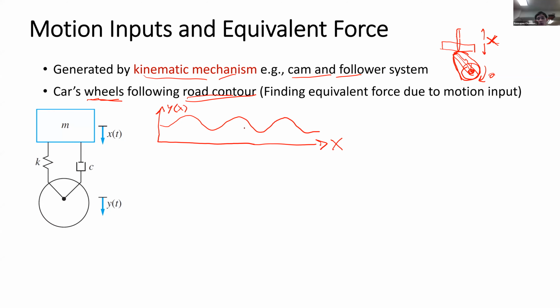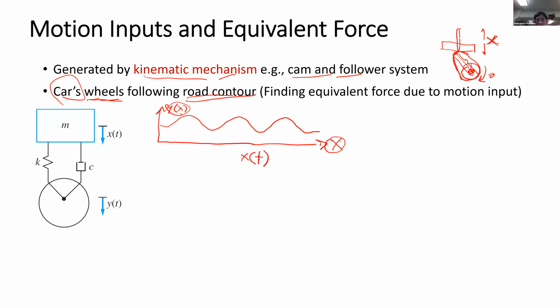This one we call road contour. If the car travels at one constant speed, and we know x as a function of time, then y, a function of x, can be related to a function of time.